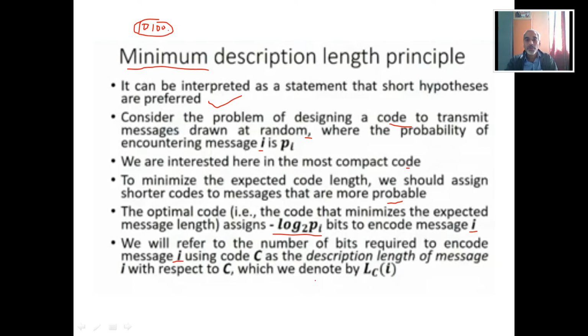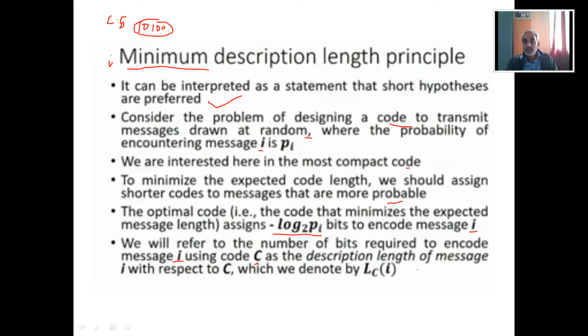So now we will refer to the number of bits required to encode the message i using code C. What is this capital C? The number of bits in this code. Let us say this is your i, and this is the code. Now if you say capital C, in this code 1, 2, 3, 4, 5, we have got 5 bits in this particular code C. So the bits required to encode message i using code C is the description length.